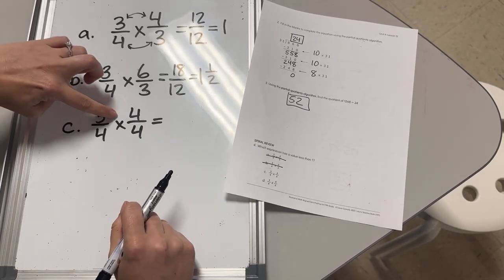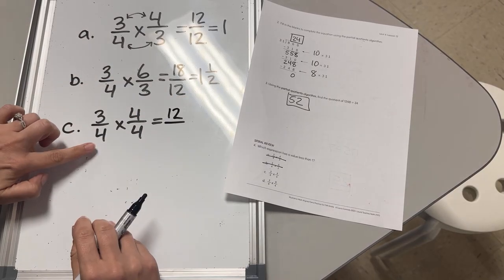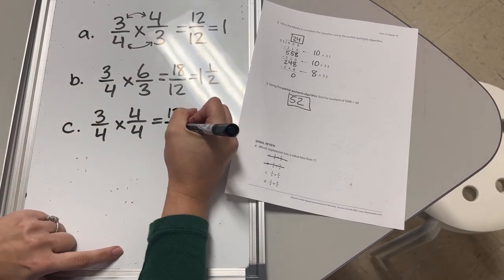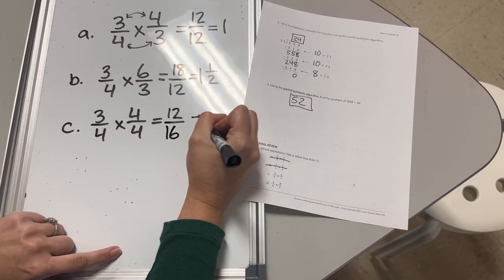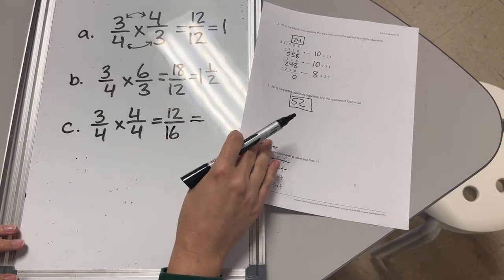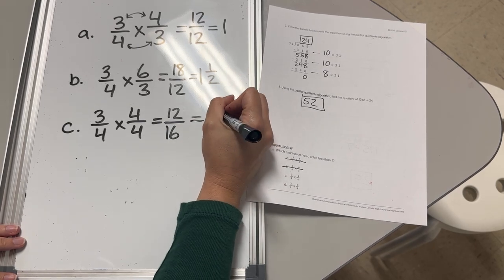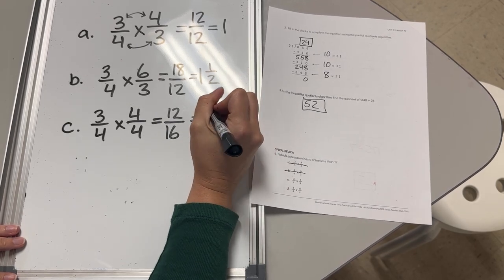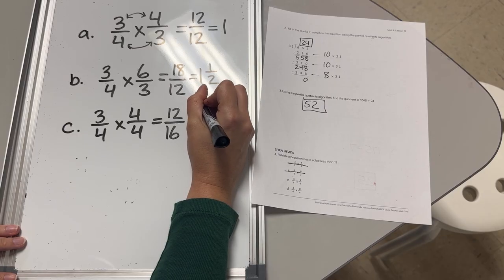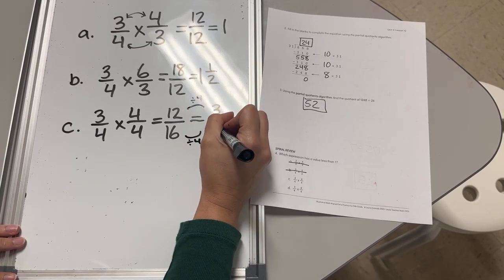So I've got 3 times 4, which is 12. And then I have 4 times 4, which is 16. I could now simplify that by doing 12 divided by 4 to get 3, and 16 divided by 4 to get 4.